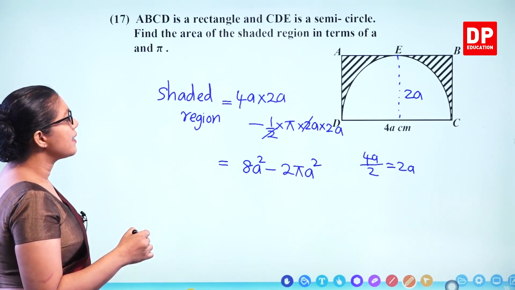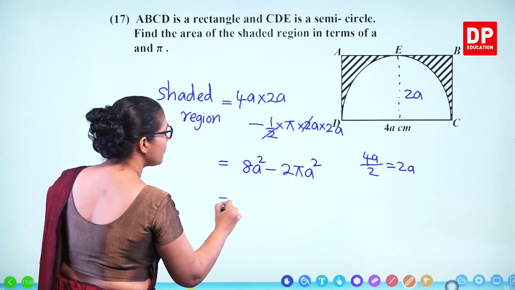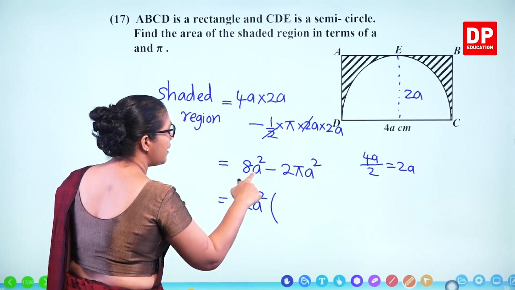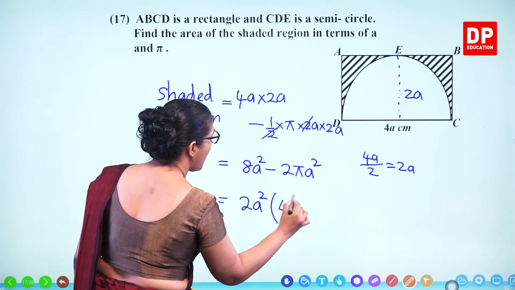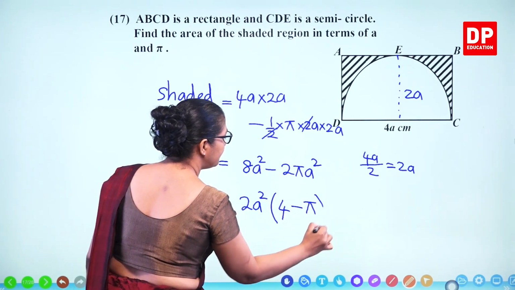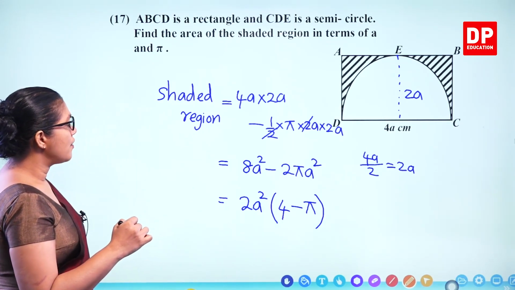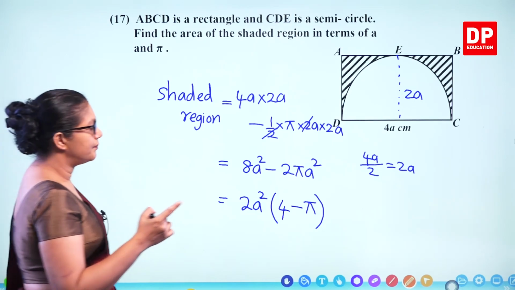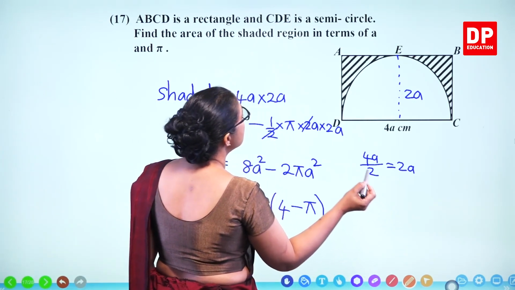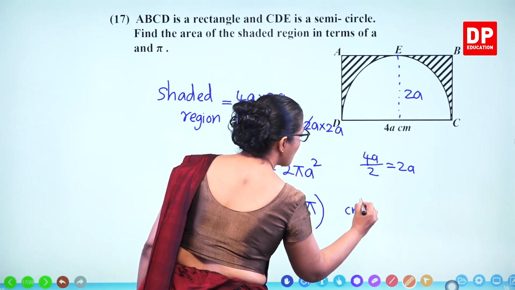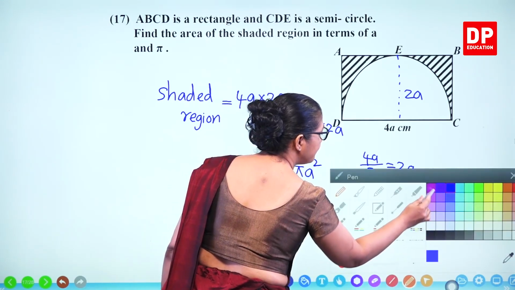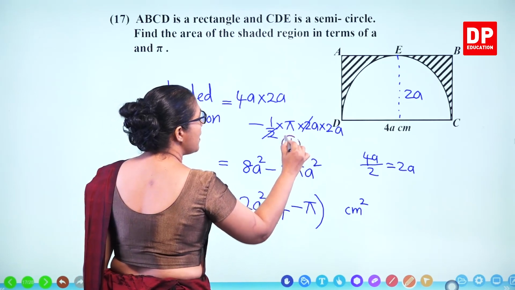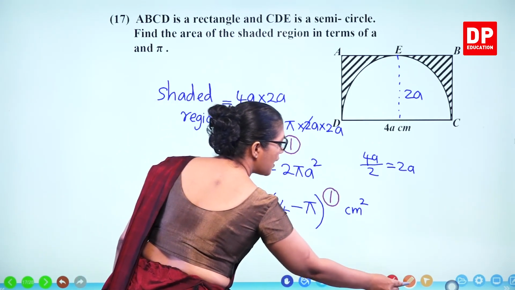You can keep it like this, or you can take 2a squared out and write 4 minus pi. So 2a squared times (4 minus pi) is the shaded area. This is in centimeter squared because this is an area. So 2 marks, 1 mark for the method and 1 mark for the final answer.